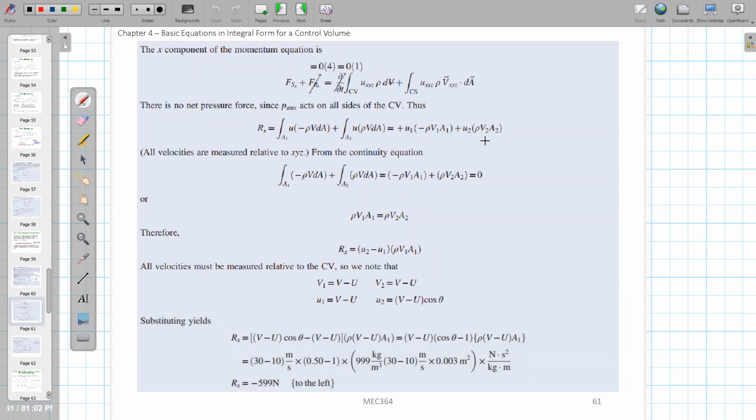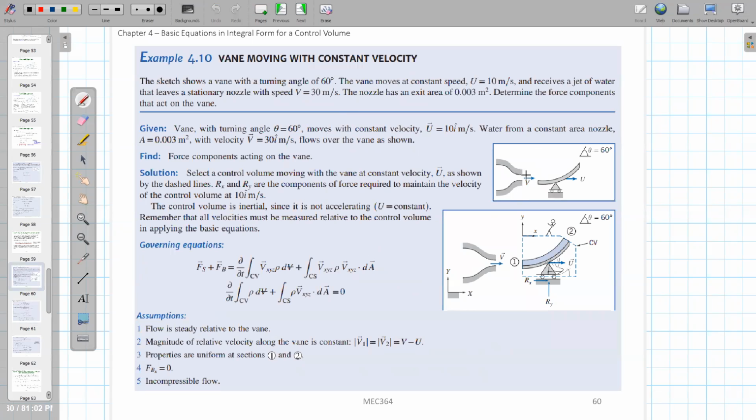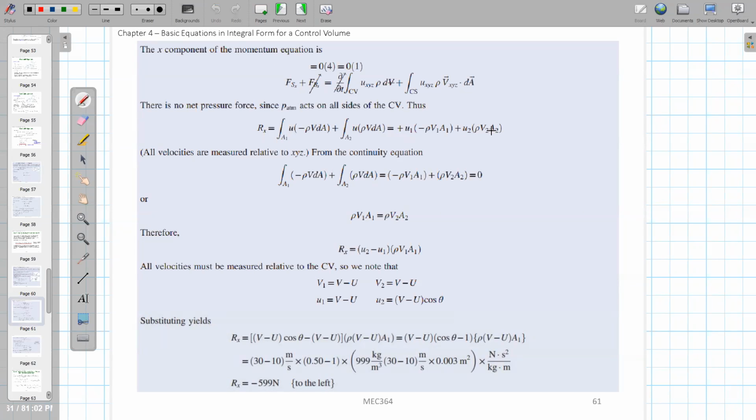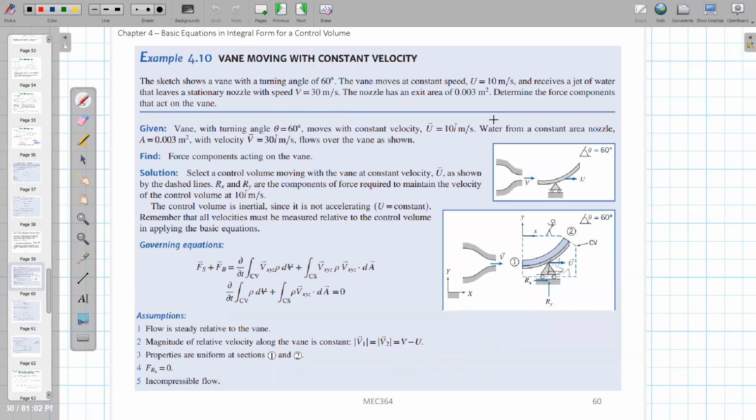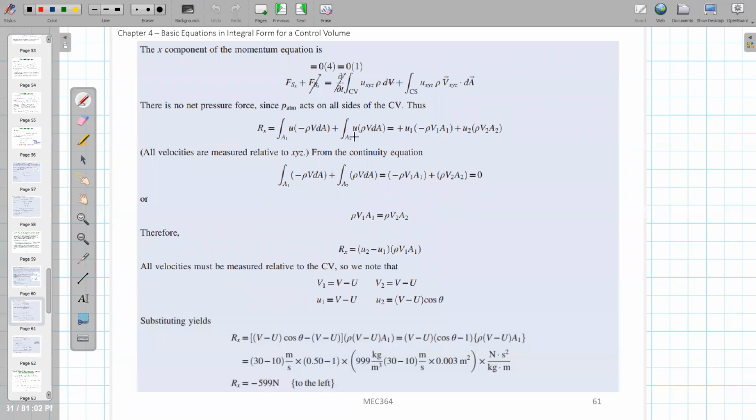And this big V is the velocity leaving the nozzle. So we have V1 and V2 here.